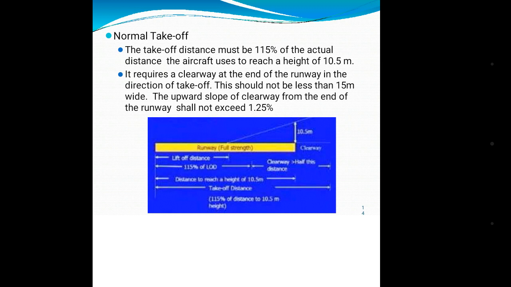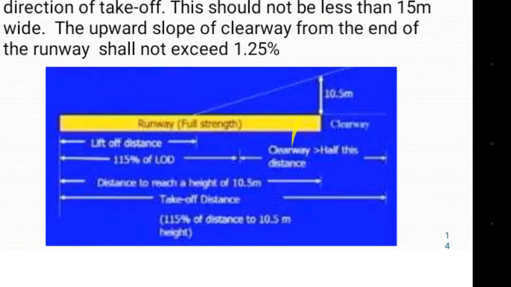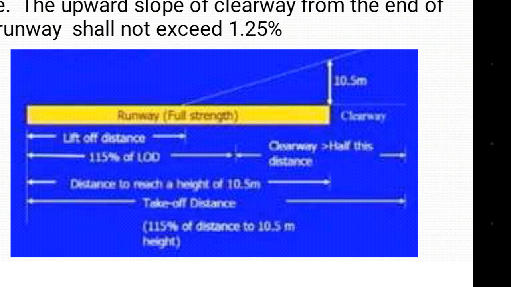It requires a clearway at the end of the runway in the direction of takeoff. This should not be less than 15 meters wide. The upward slope of the clearway from the end of the runway shall not exceed 1.25%.